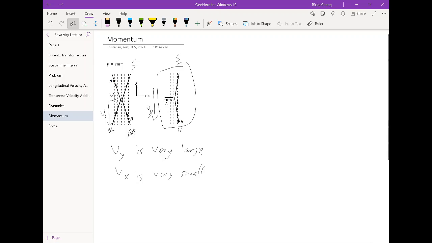If we look at the components of their momentums in the x direction, since momentum still has to be conserved, the momentum in the x direction still has to be equal for both A and B. So both of their momentums in the x direction have to be px.